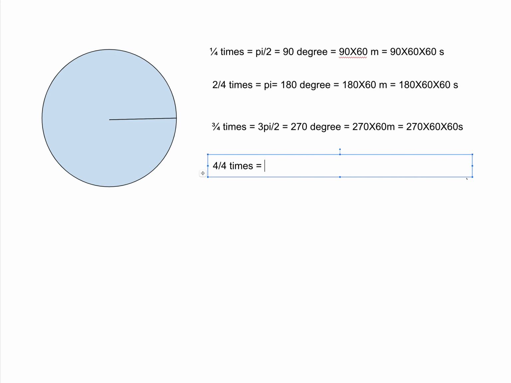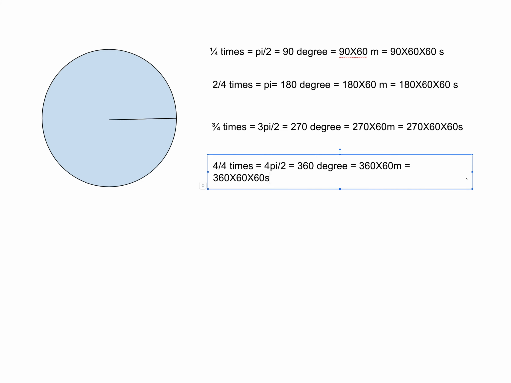This is nothing but is equal to 4 pi by 2, which is like 2 pi is equal to 360 degree, which is equal to 360 into 60 minute, which is equal to 360 multiplied by 60 multiplied by 60 second.